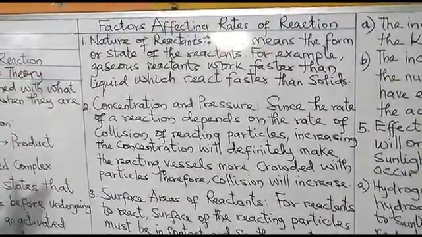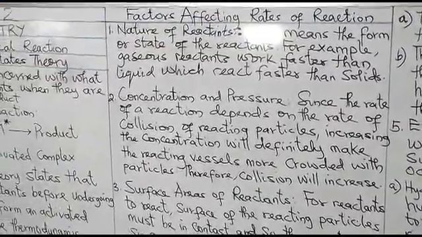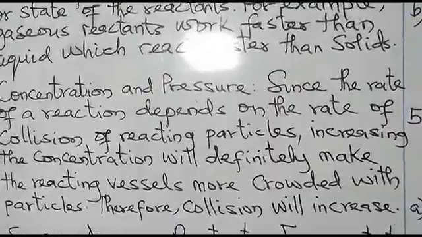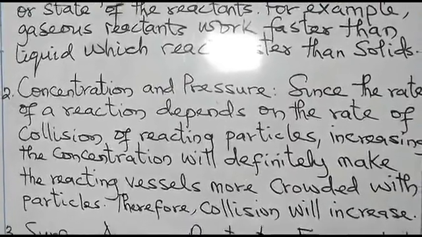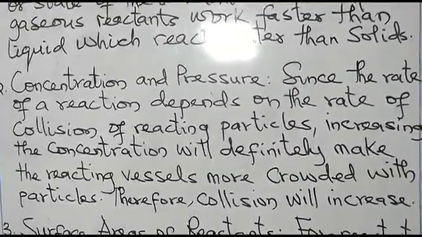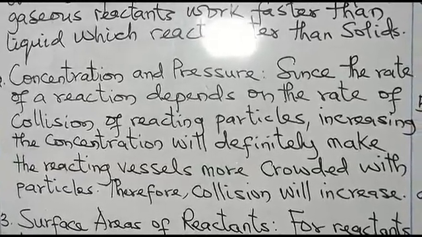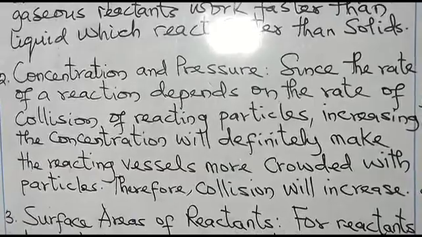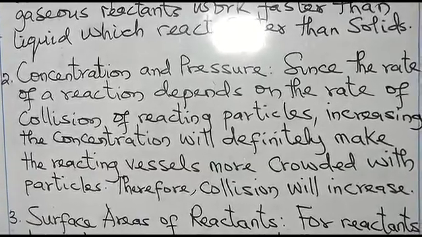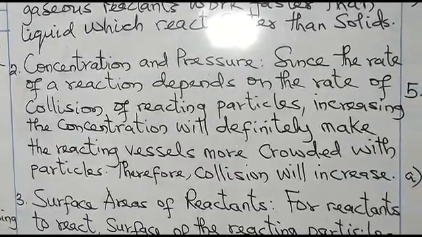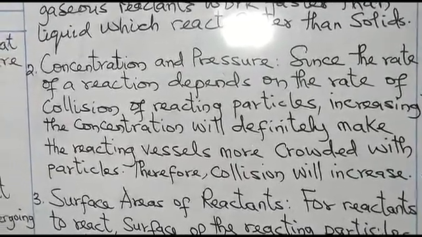Now, let's look at number 2, concentration and pressure. The rate of reaction depends on the rate of collision of reacting particles. Increase in concentration will definitely make the reaction vessel more crowded with particles. Therefore, collision will increase.